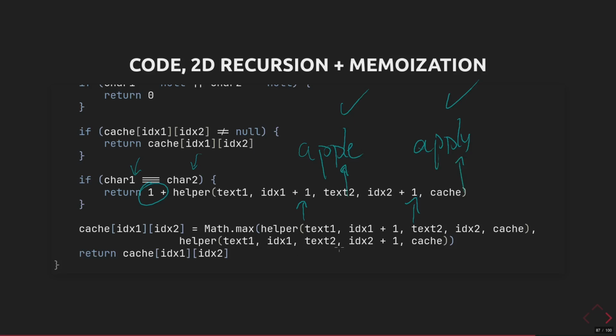Otherwise, if they're not equal, we can advance the first string, get the next suffix of the first string, and keep the second string the same. Or we can advance the second string, this string right here, and keep the index for the first string the same.